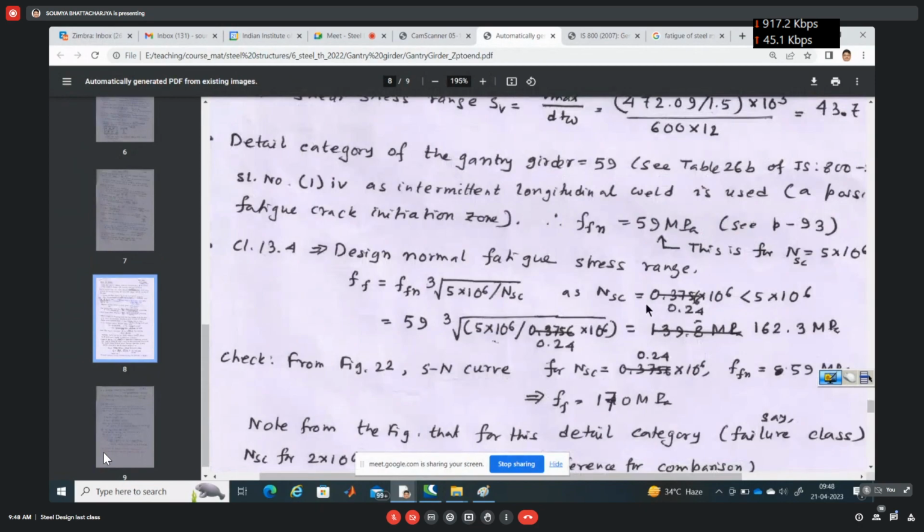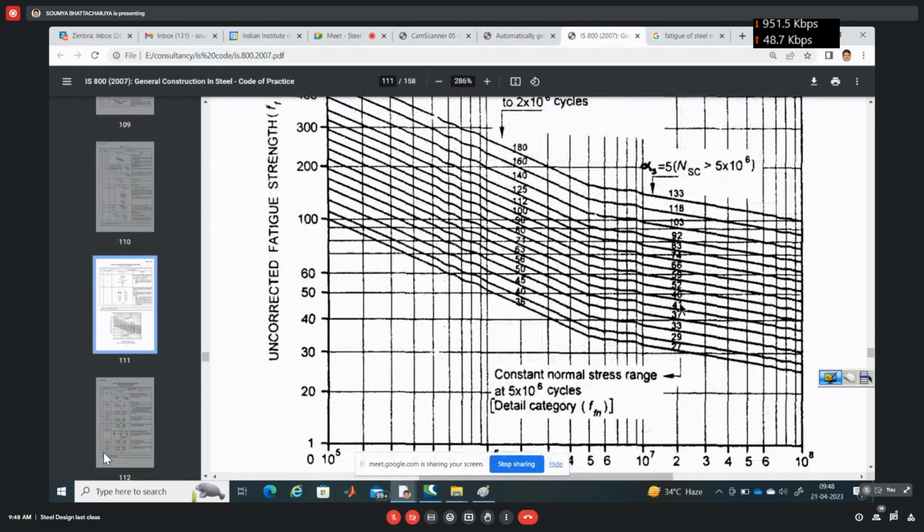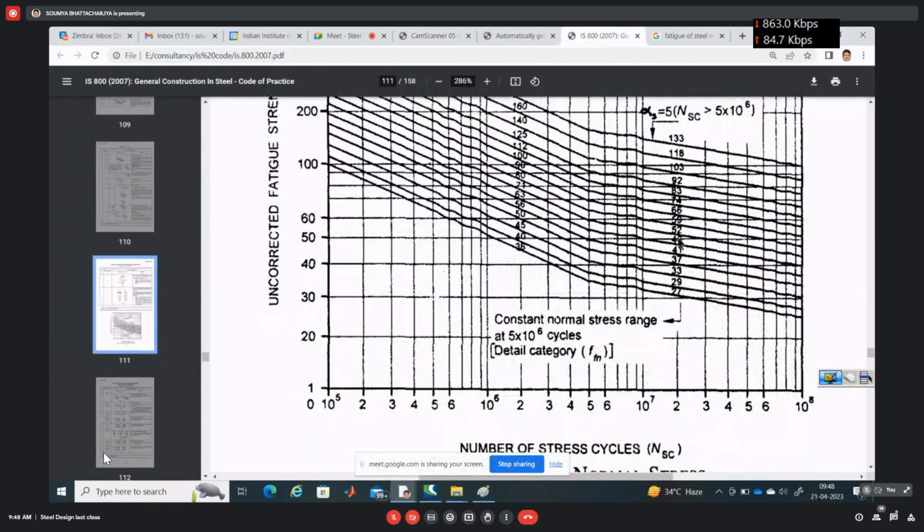For NSC 0.24 into 10 to the power 6 and detail category 59, somewhere here we found out what is the fatigue strength.